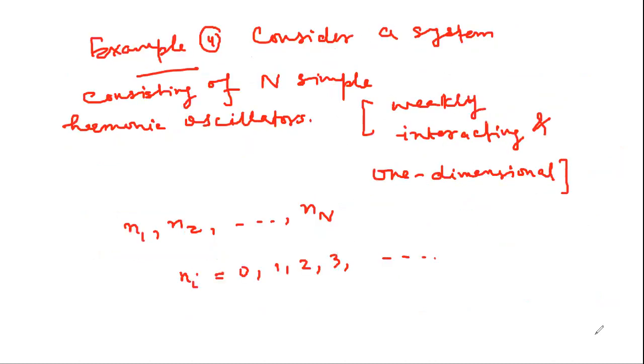Then we considered an n-particle system consisting of weakly interacting one-dimensional simple harmonic oscillators. Here also there will be a set of n quantum numbers, and each n can assume the values 0, 1, 2, 3. So you need to specify all n quantum numbers to specify the state of the system.